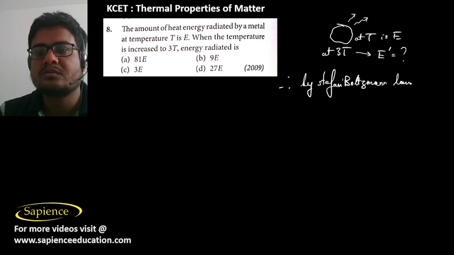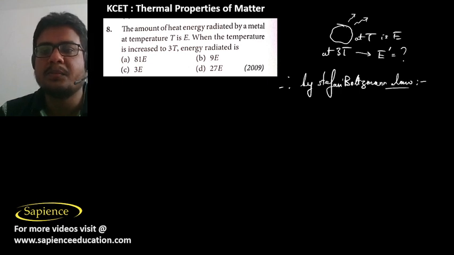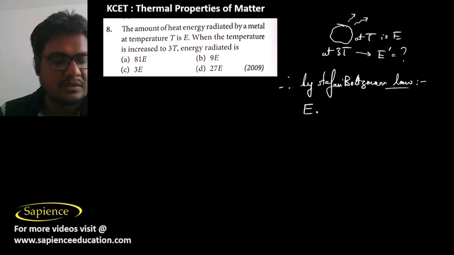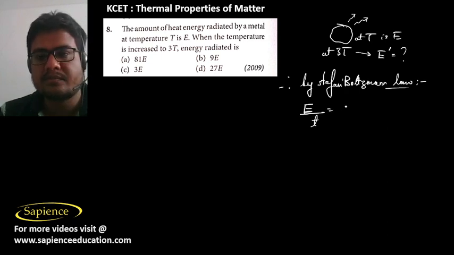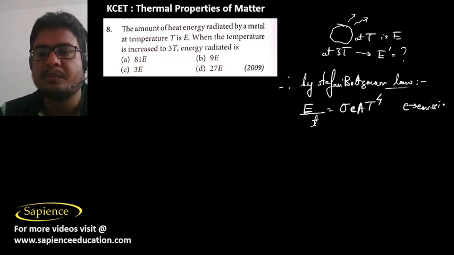law, for any body, the energy radiated per unit time is given as sigma E A T power 4, where E is the emissivity of the body, which is constant for that particular body.